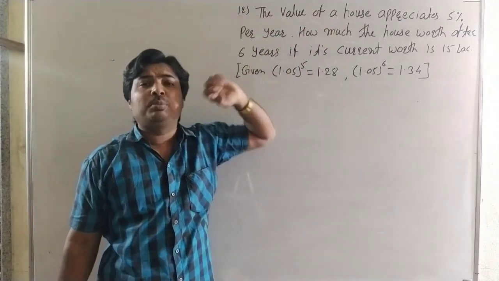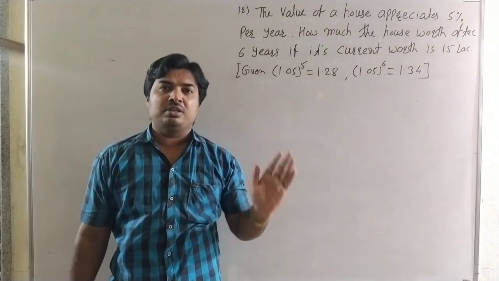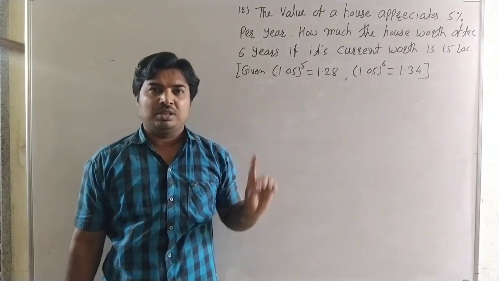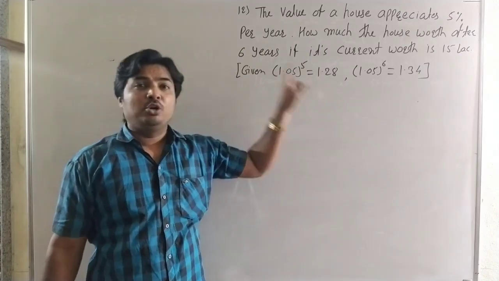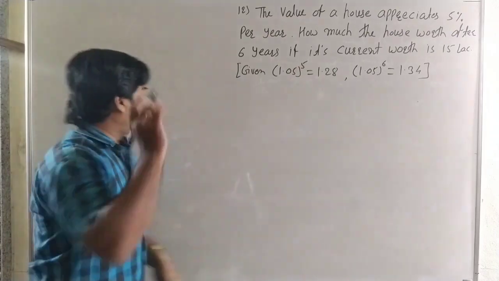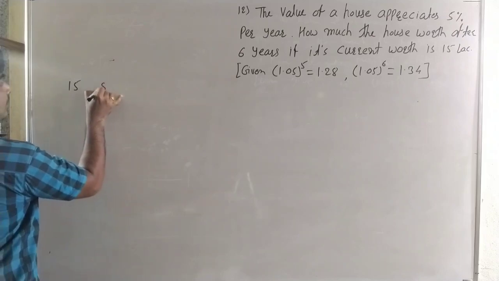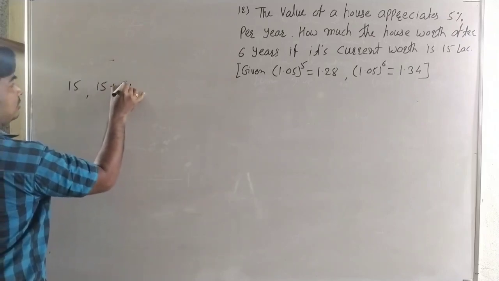Current worth is 15 lakh and it increases 5% per year. Current 15, then 5% after 1 year. Then again the first worth is 15, then it is 15 plus 5%.